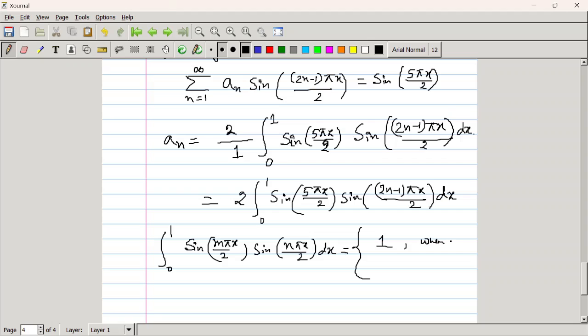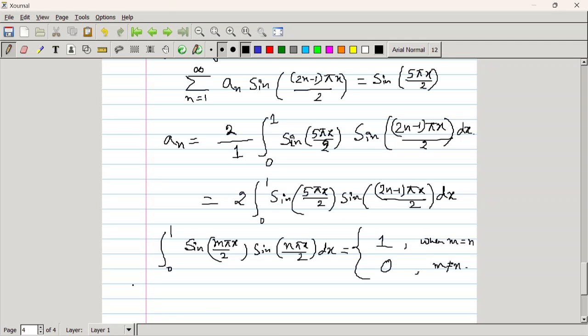When m equals n, you can prove it easily. You put m equal to n, then multiply by half and 2 on both sides, then you can get the answer. And 0 when m is not equal to n. So here, for every n except n equal to 3, because 2n minus 1 with n equal to 3 is 5.